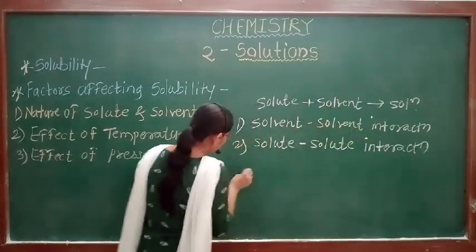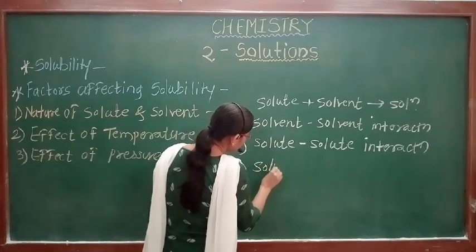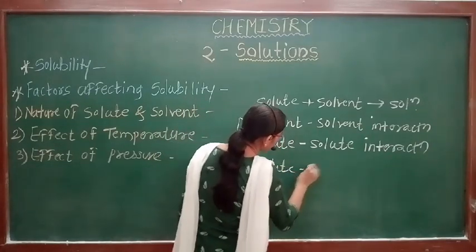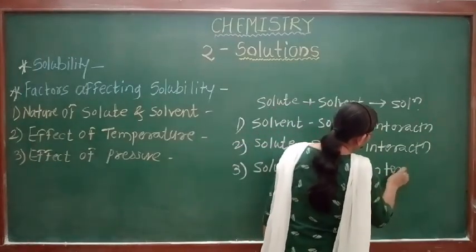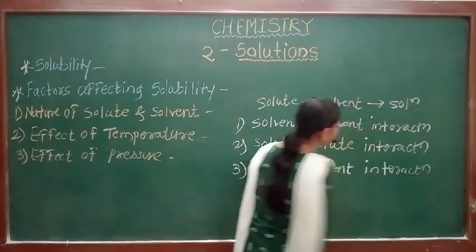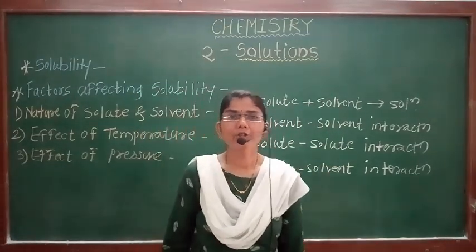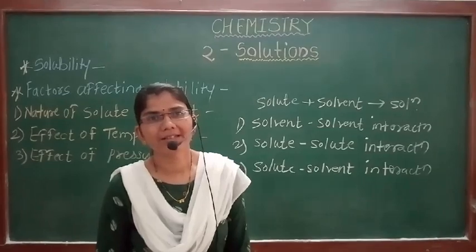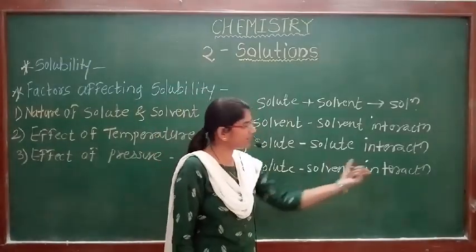And the third type of interaction is solute-solvent interaction. So when a polar solute is added to a polar solvent, then the magnitude, or the strength, of the solute-solvent interaction is the same as that of the solvent-solvent interactions and solute-solute interactions which take place to form a solution.